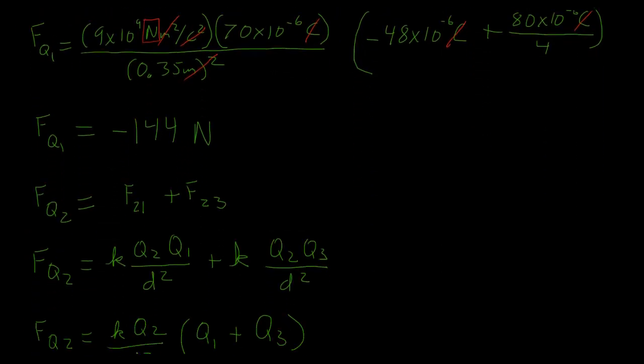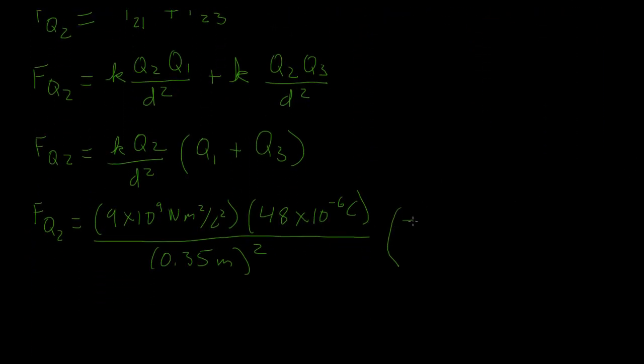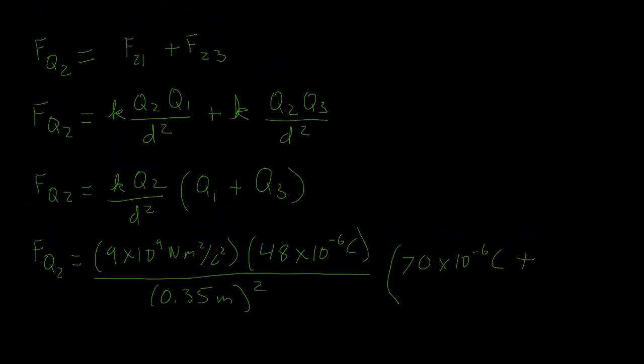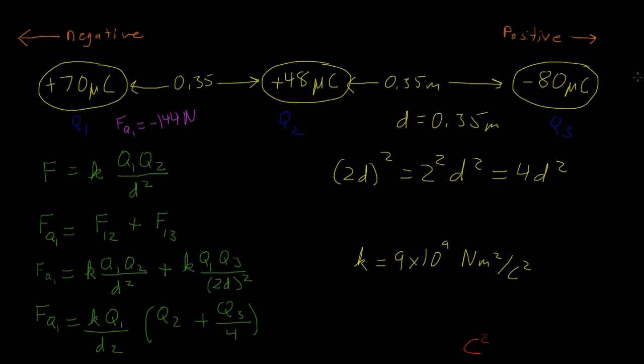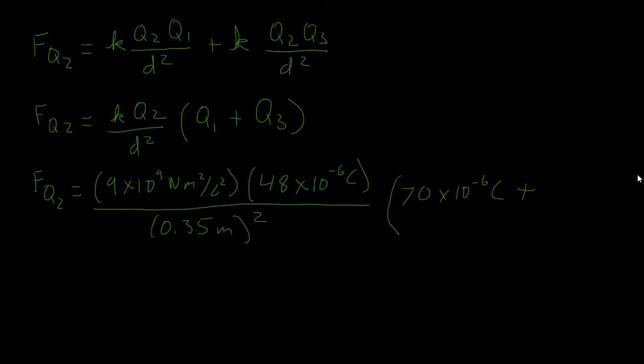Okay, so Q1 in this case is going to be positive 70 microcoulombs times 10 to the negative 6th, and then plus, and now Q3 is negative and Q2 is positive, so these are attracting. So again, Q2 is going to want to go to the right, it's going to want to go toward Q3, so that's still positive. I'm going to enter this number as positive again, so this is going to be positive 80 microcoulombs.